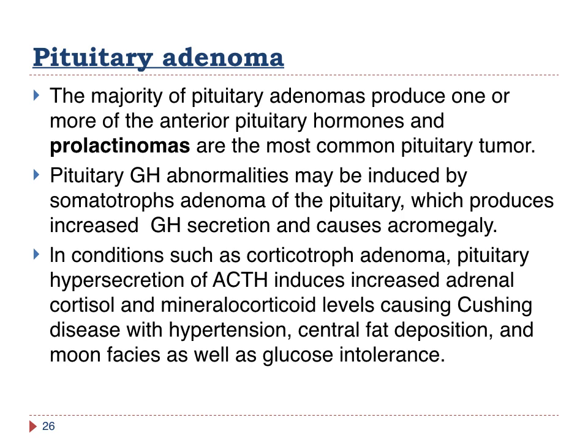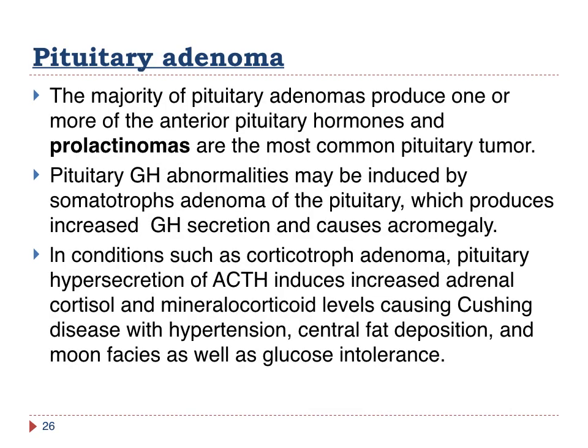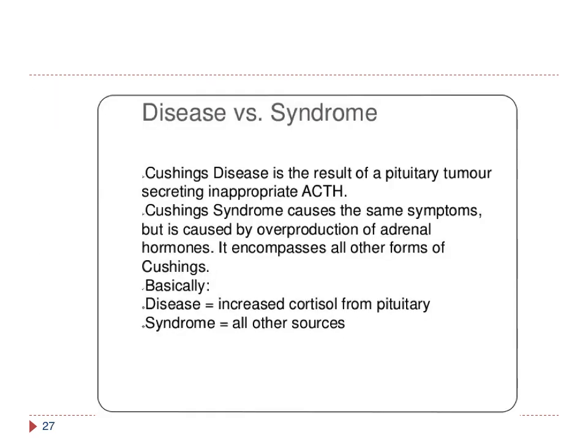In conditions such as corticotroph adenoma, pituitary hypersecretion of ACTH induces increased adrenal cortisol and mineralocorticoid levels, causing Cushing disease with hypertension, central fat deposition and moon face as well as glucose intolerance.